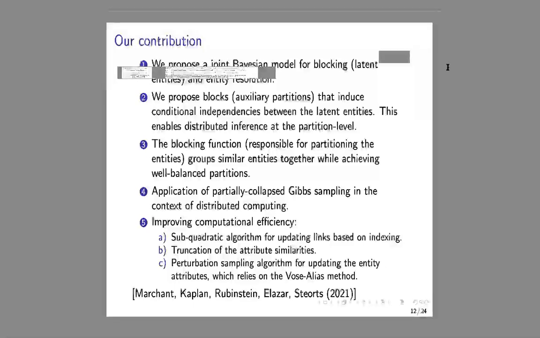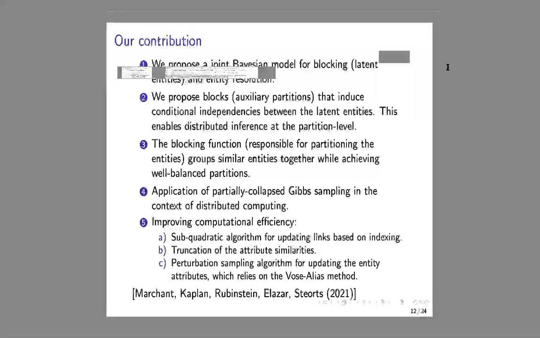We're blocking the latent entities so that this is going to be amenable to a partially collapsed Gibbs sampler so that we can actually make this usable for distributed computing. Because we block the latent entities, we can look at these as auxiliary partitions.